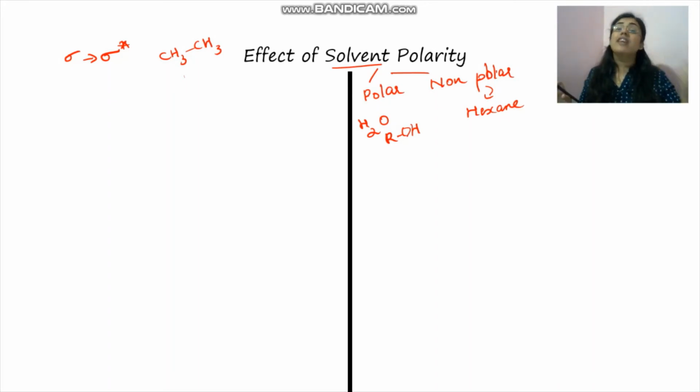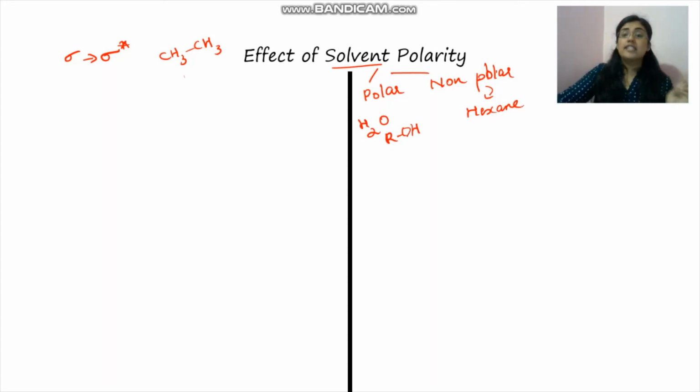But if I have other polar compounds like CH3CHO, an aldehyde with a carbonyl group, that would be a polar molecule. Such compounds can interact with the solvent polarity.